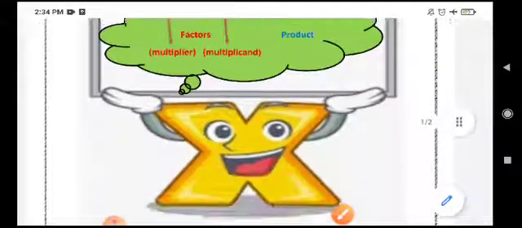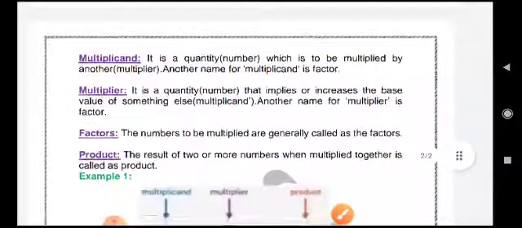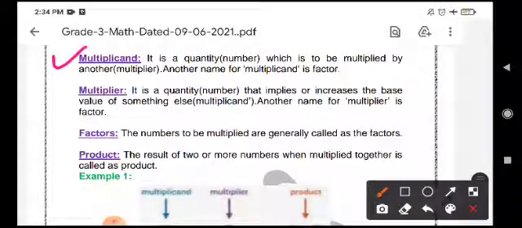Now students, further we have these terms defined. Multiplicand is a quantity or simply a number which is to be multiplied by another number that we know. We call that multiplier. Another name for multiplicand is factor. So if you call it factor or multiplicand, both are correct. Multiplier. What is multiplier? It is a number that increases the base value of something.